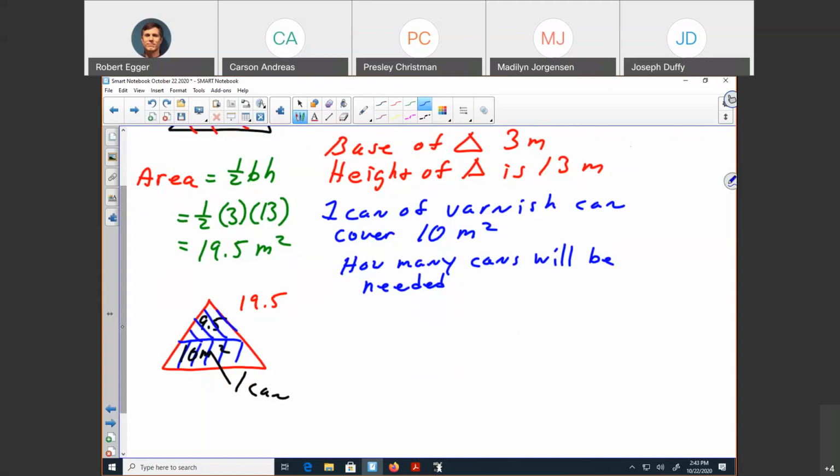Okay. So area is 19.5 meters squared. One can equals 10 square meters.